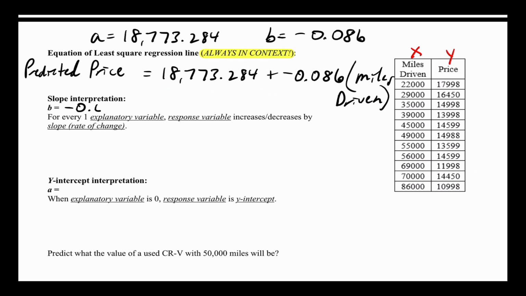Negative 0.086. Okay, that's the number. How do you interpret it? I put a little sentence frame in here for you guys, which you just fill in. The underlined stuff is the stuff you change. If it's not underlined, you rewrite that.